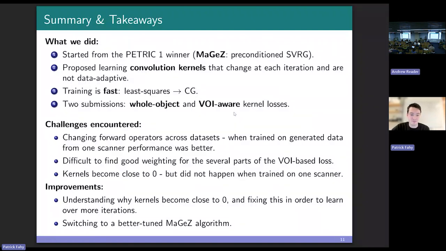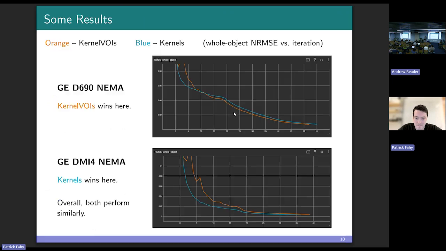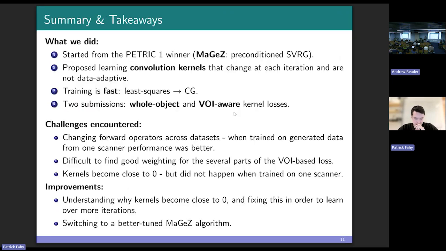You said one potential reason why the kernels go to zero might be because you train on stochastic gradients. Have you tried training on full gradients and then just reusing the learned kernels on your stochastic gradients? Oh, that's a good question. We've tried this method on full gradients, and in that case we don't get things going to zero.